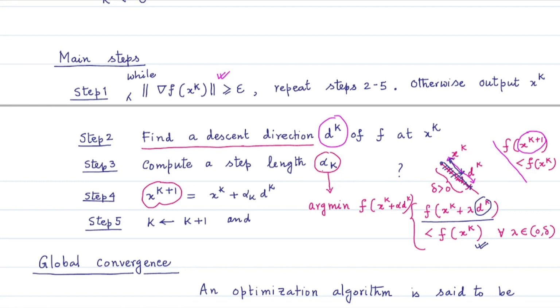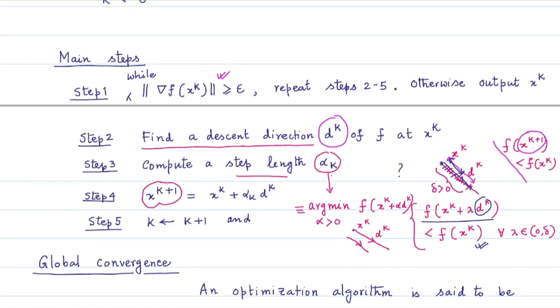That means we take alpha k to be the argument of the minimum value of the function f along the line of dk emanated from the point xk. So we go for minimizing the function values f of xk plus alpha dk over alpha greater than 0, and as here we are searching for a minimum point of the function f along a line, we commonly refer to this identification of alpha k as a line search.